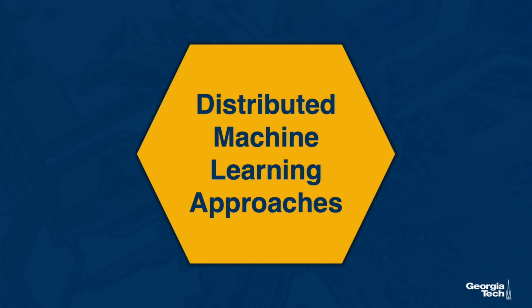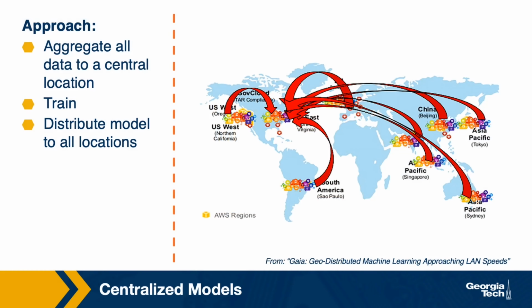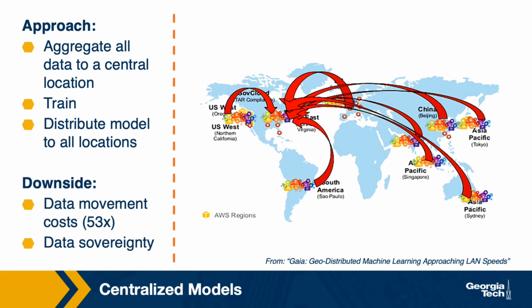Let's look at some different approaches to distributed machine learning. The simplest model is to collect all the data from all of the different locations to a single centralized place for analysis, to build the models, and then to distribute these models to all the global locations where they will be used. The downside of this involves tremendous amount of data movement, and this data movement can have huge implication on slowing down the performance of the machine learning process.